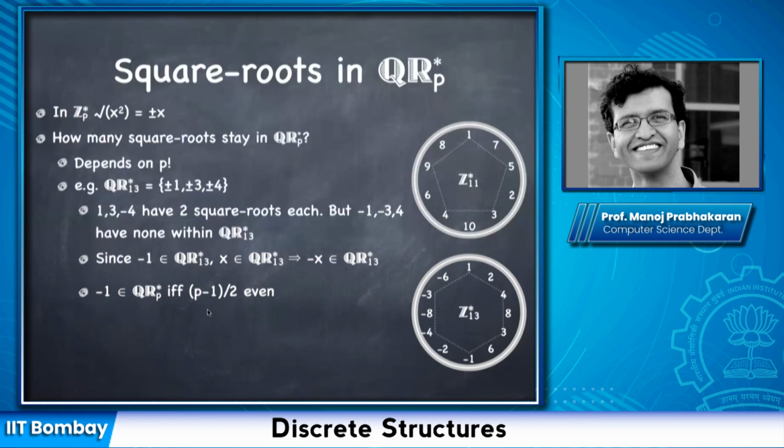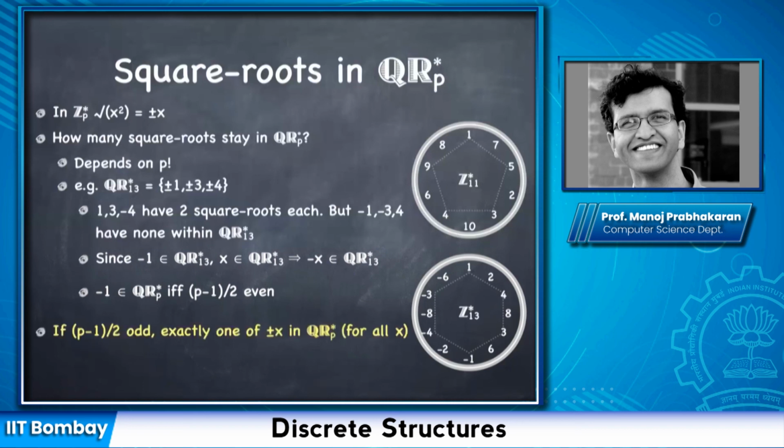So P minus 1 is even because P is an odd prime. P minus 1 over 2 can be odd or even. And depending on that, QRP star may have all its square roots living in QRP star, or only half of them will have square roots in QRP star.